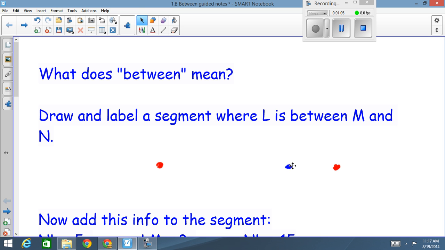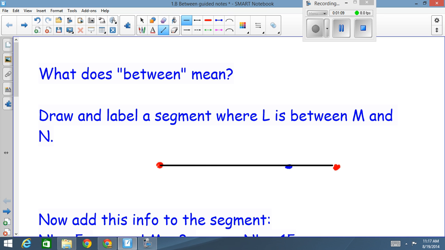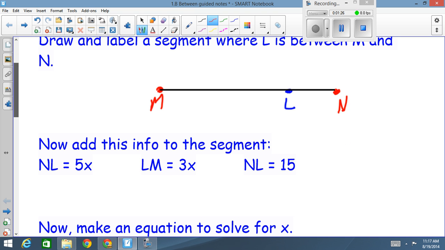So I'm going to now attach these points with a segment, like such, okay? And I'm going to label this with L being the point that is between the M and the N. Now I'm going to add some information to this segment.